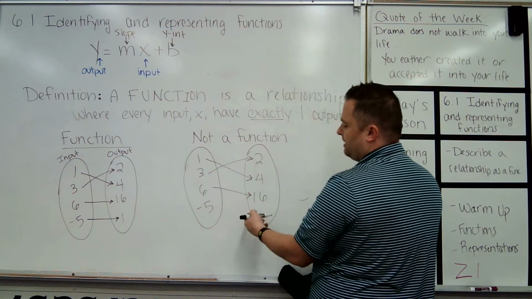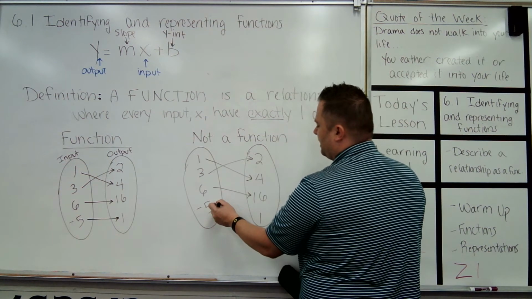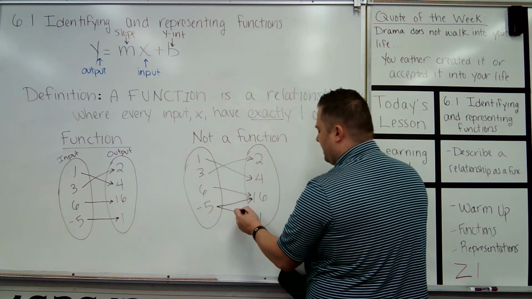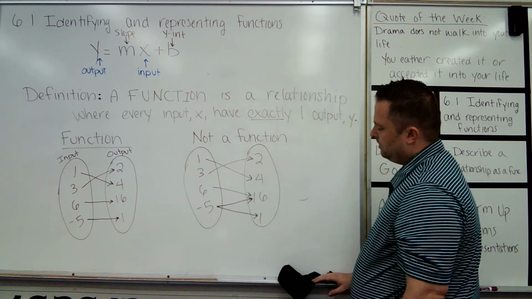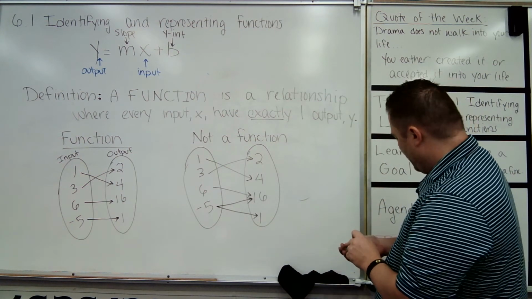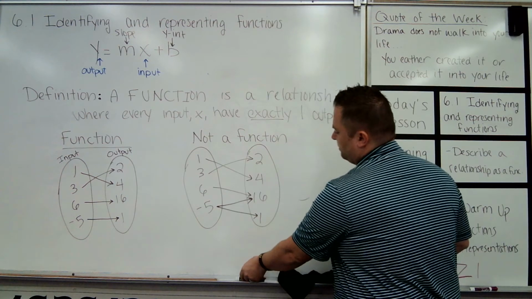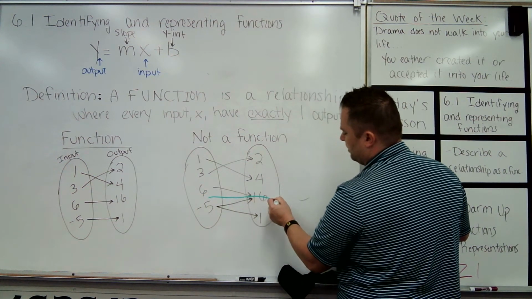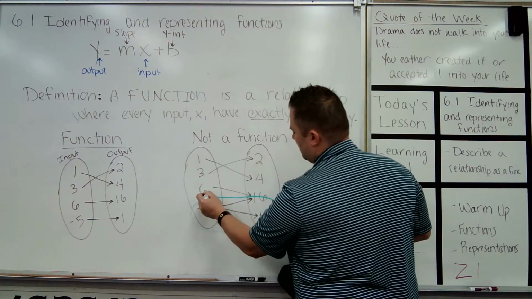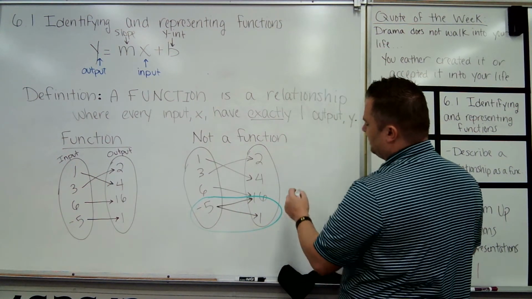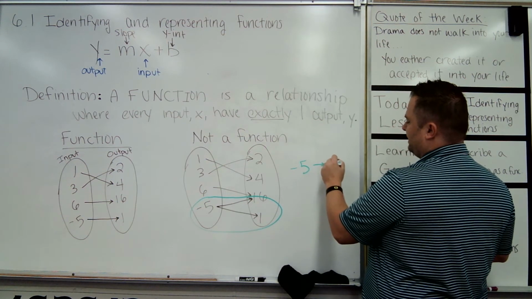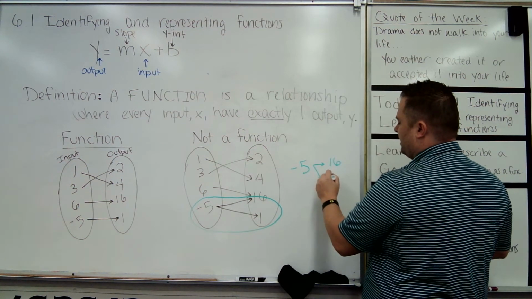But then when I get to this -5, what happens if I put in -5 and it produces a 16 and a 1? What happens when I plug in -5 and out comes a 16 and a -1? I'm looking at this section right here. What this basically means is when I put in -5, out produced a 16 and a -1.